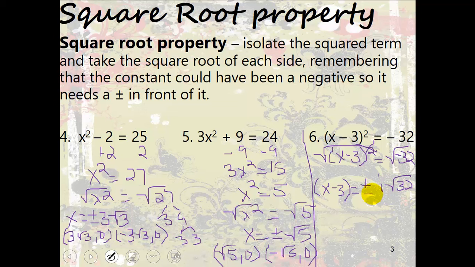Okay, I'm going to simplify root 32. That's 2 and 16. 16 is 4 and 4. There's a pair. So I get x minus 3 is equal to plus or minus 4i root 2. Ooh, that is cramped.